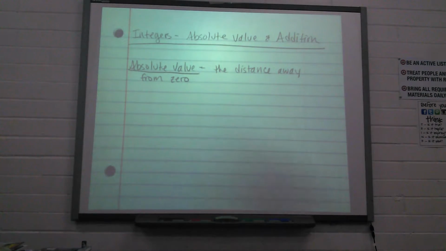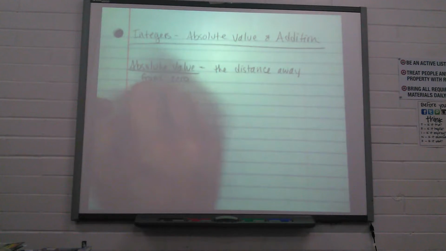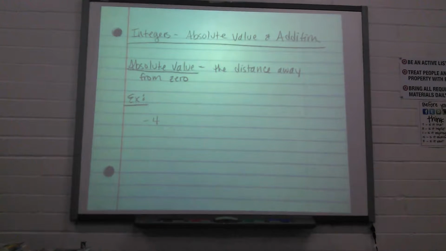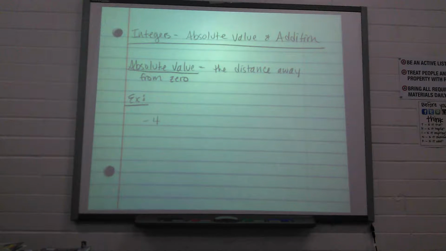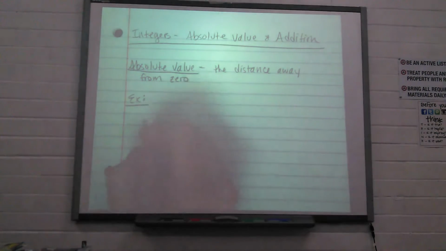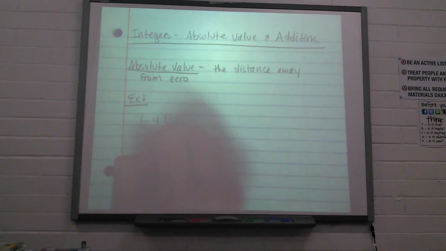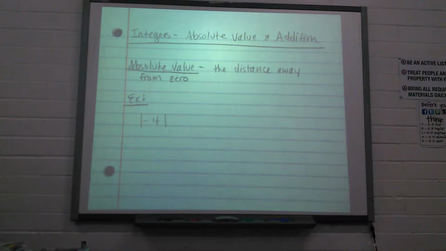All right, so if I, for example, of course we always do examples, if I had -4 and I wanted to find the absolute value of -4, the sign that would indicate find the absolute value would be these two little lines on both sides of it. So this example here represents find the absolute value of -4.